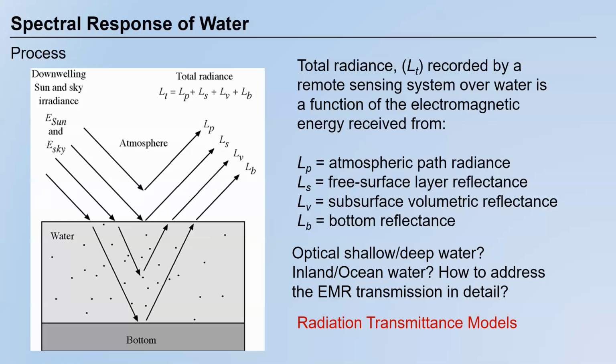Is it inland water or ocean water? There is no universal model for the transmittance of EMR in water. People developed, and are still trying to develop, more radiation transmittance models to address the transmittance of EMR in different types of water bodies. Okay, so water remote sensing can be very complex.